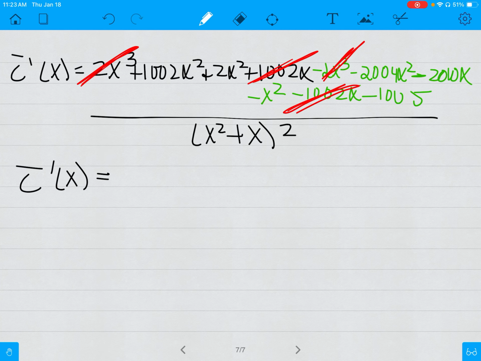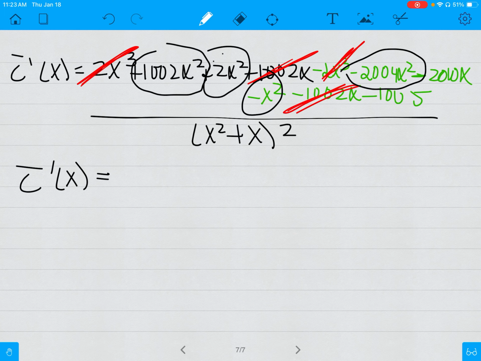So now I'm just looking at combining like terms. I have a 1002x squared, a 2x squared, a minus 2004x squared and a minus x squared. So 1002x squared plus 2x squared is 1004x squared, minus 2004x squared is minus 1000, minus an x squared is minus 999x squared.